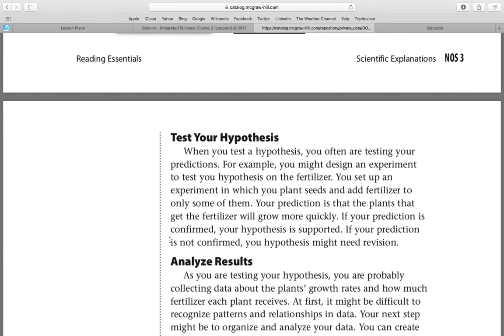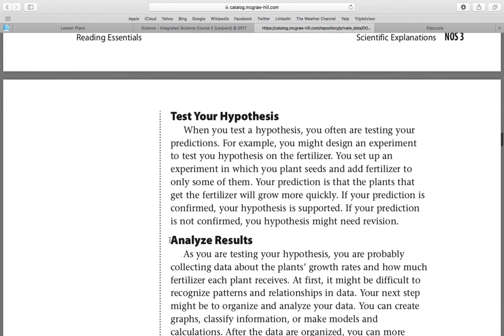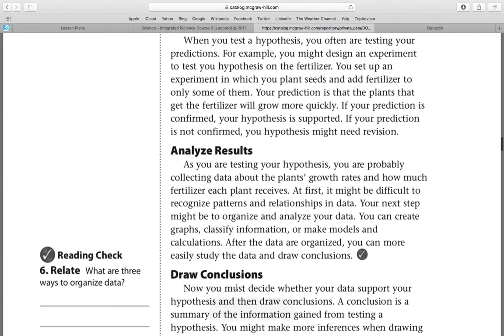I gave the example in class of if we had four tomato plants and 2 tomato plants had fertilizer and the other 2 didn't. We would be testing to see if fertilizer makes plants grow better. So my hypothesis would be if I add fertilizer to my tomato plants, then they will grow larger tomatoes. Okay, we are going to test that. If that is true, we would start analyzing our results.